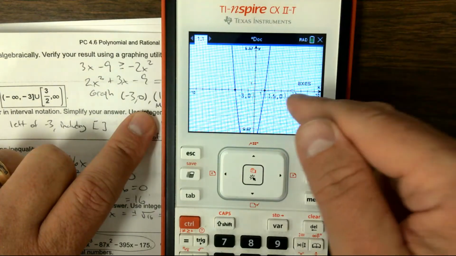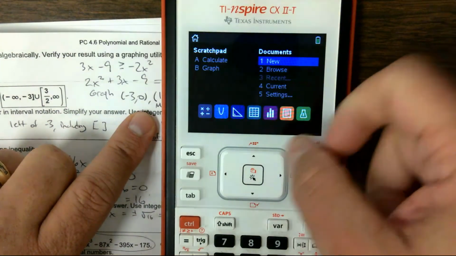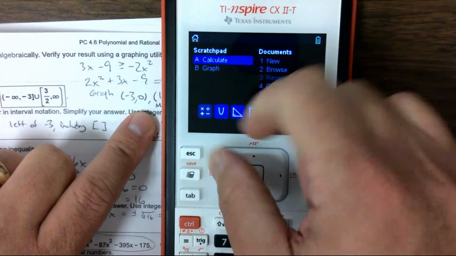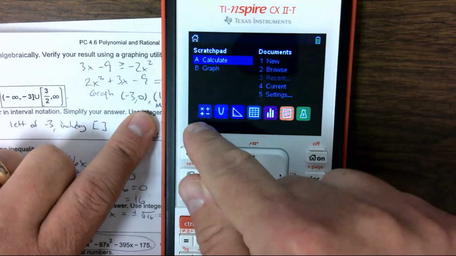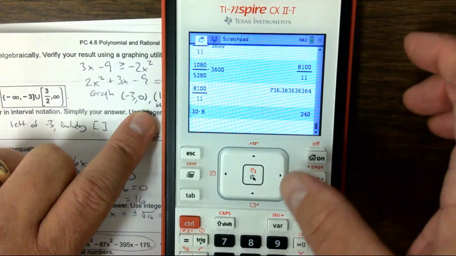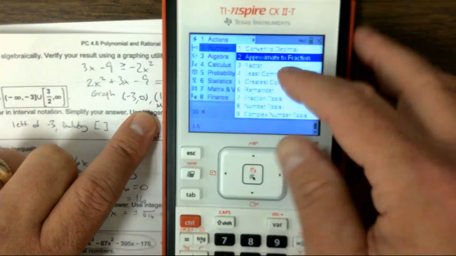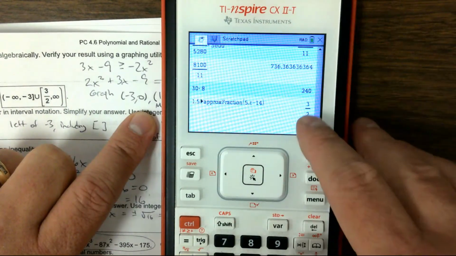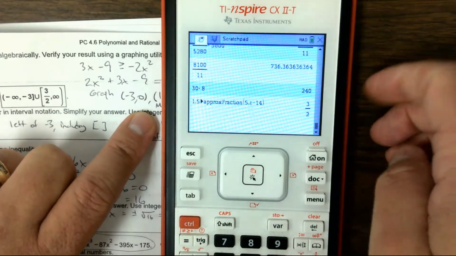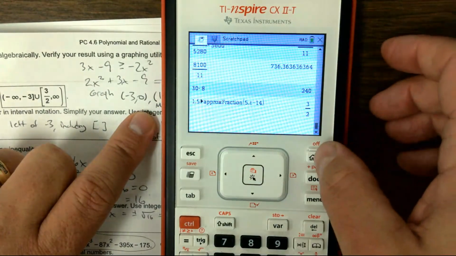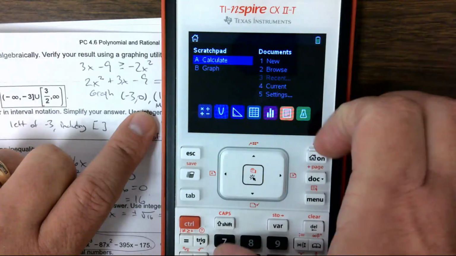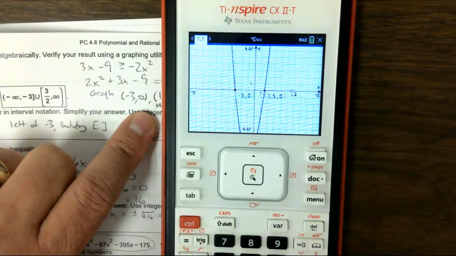And if you need to, press on and go over to the calculate or click that part. And we want 1.5 menu number fraction. So that's 3/2. And then to get back where you were, press on and then do 4 for current. So now we're back.